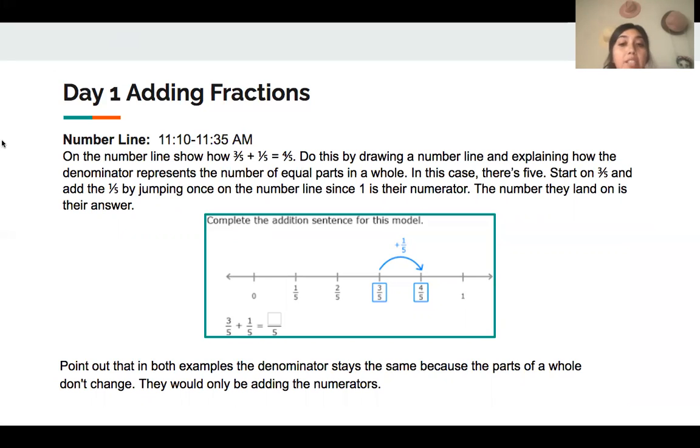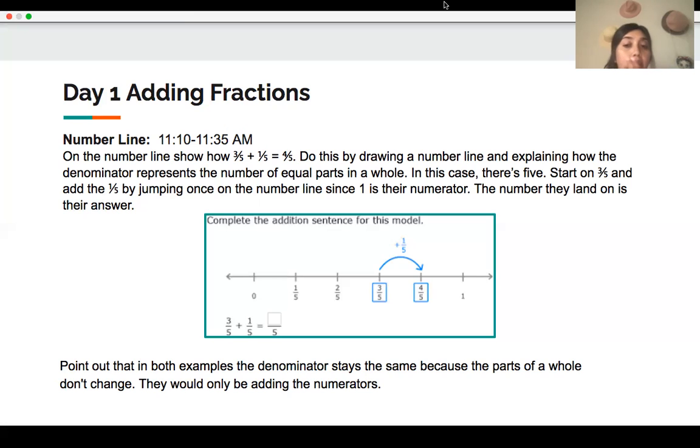In this case, there's 5, so the student will start at 3/5 and add 1, since the numerator of the other fraction is 1. And based on the numerator, that's the number of jumps they're going to get, and when they jump, they will land on their answer, which is 4/5 in this example.